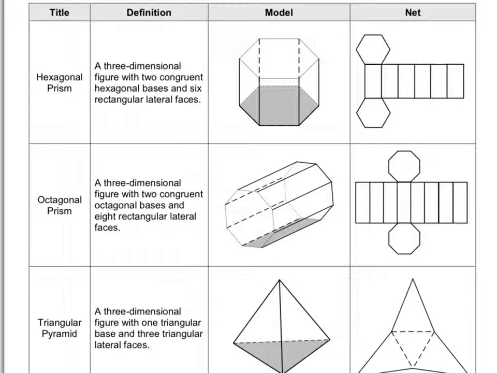But anyway, the net goes here, here, and there's a base, and then your 8: 1, 2, 3, 4, 5, 6, 7, 8 rectangular faces.